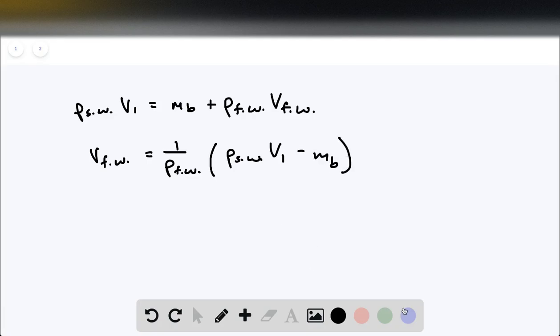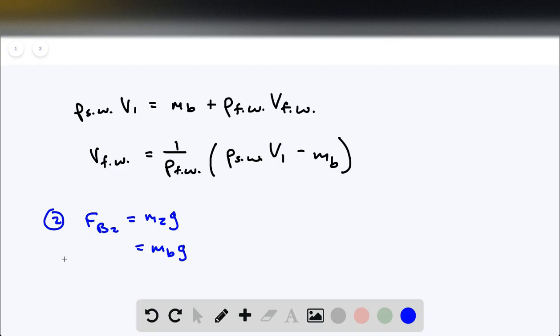And then we can consider the second case when the fresh water is dropped off. So we know that there's a balance of forces again. And M2 g is just the mass of the boat times g, because there's no more fresh water on board. We're assuming that's the only cargo here.